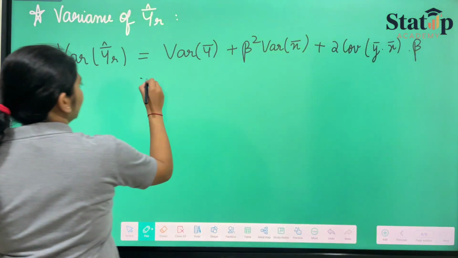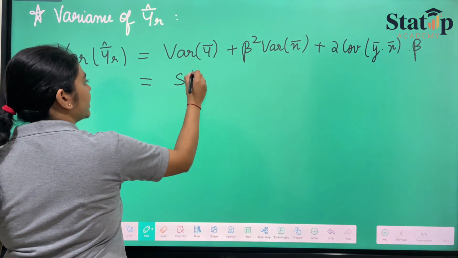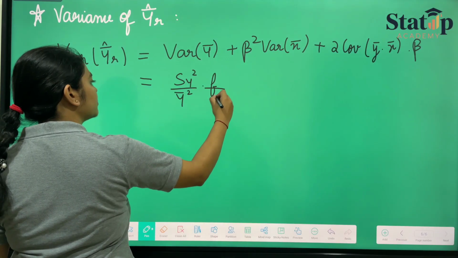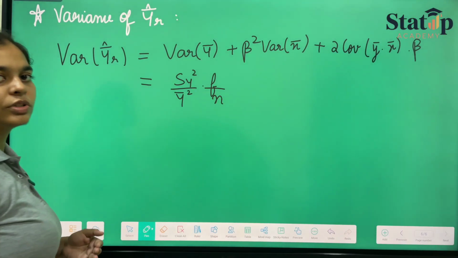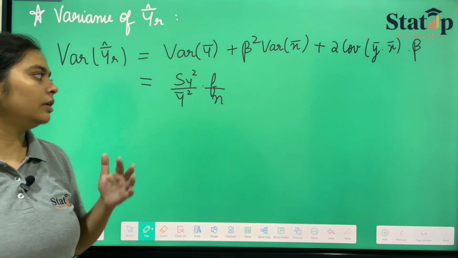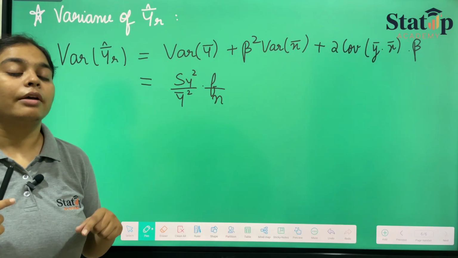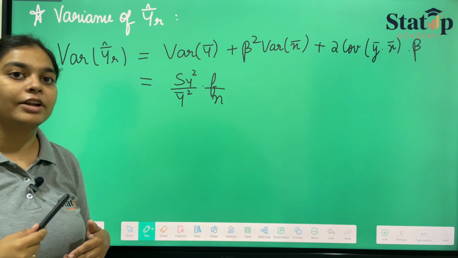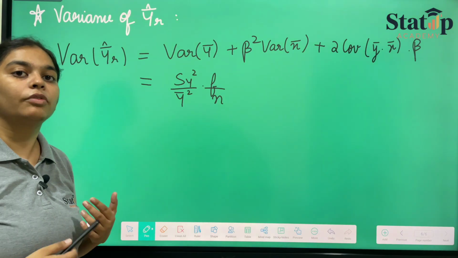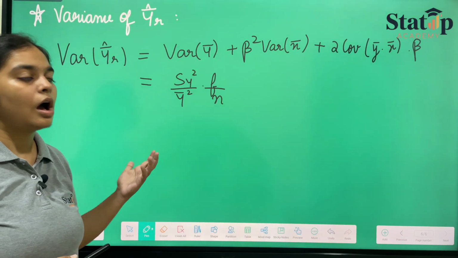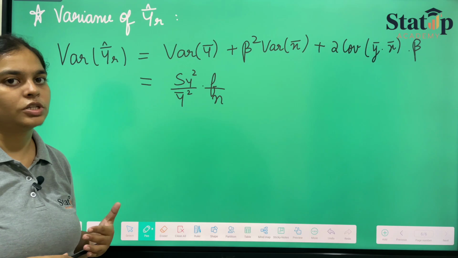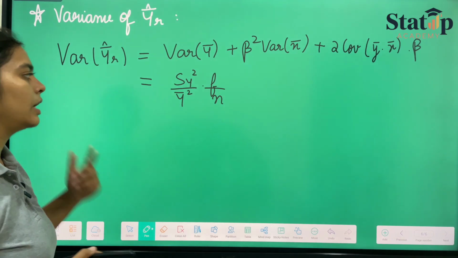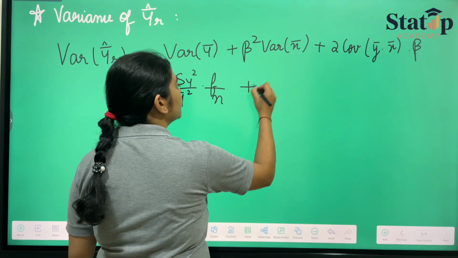Variance of y bar, we know that it is nothing but Sy square upon n into f, that is (1-f)/n. Due to simple random sampling without replacement, the variance comes out to be this. If you are not understanding the logic behind this, then we have done the whole derivation of how this comes in the first lecture of the ratio estimator, so you can rewatch that to be clarified on this.